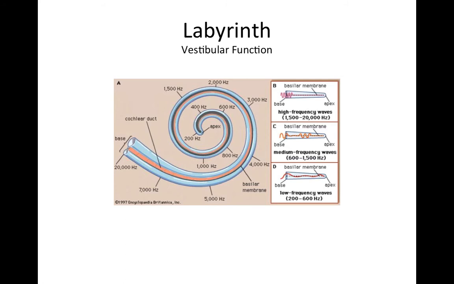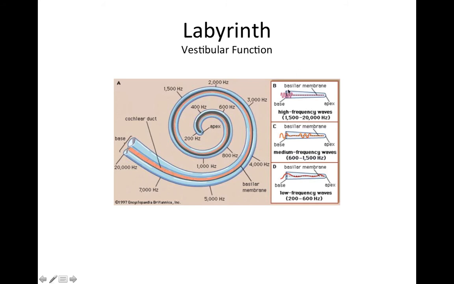Most of human hearing is between 50 and 16,000 hertz, and then human speech is actually 100 to 8,000 hertz. So those are going to be on the lower frequency end, more in the middle to the apex of the basilar membrane. The perception of frequency is based on two things: the location of the basilar membrane and the type of hair cells stimulated.